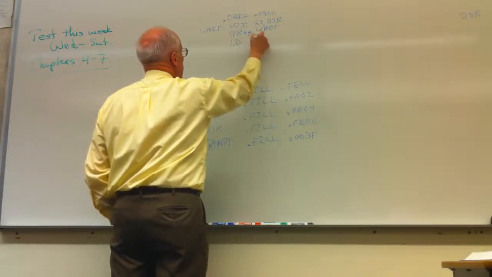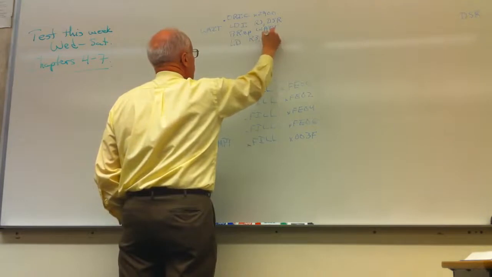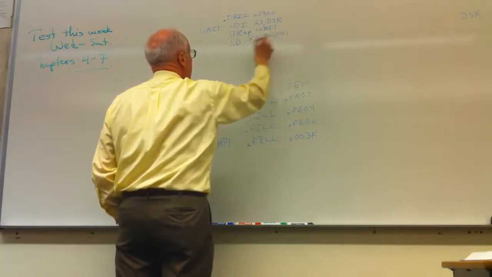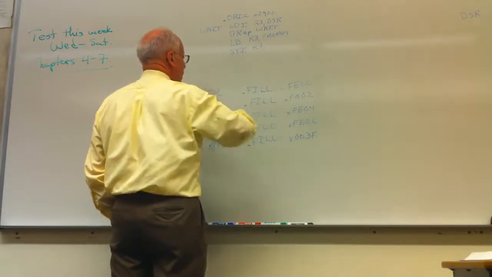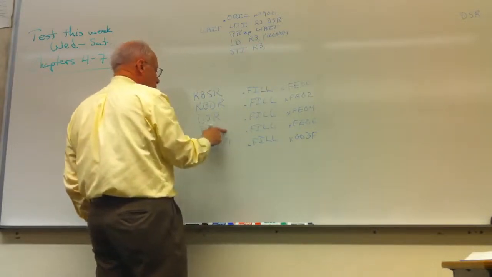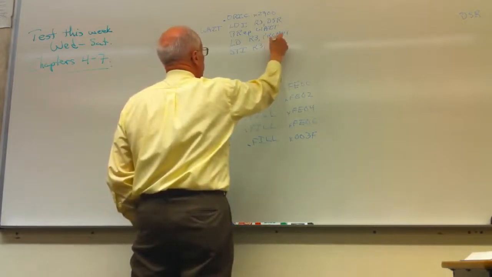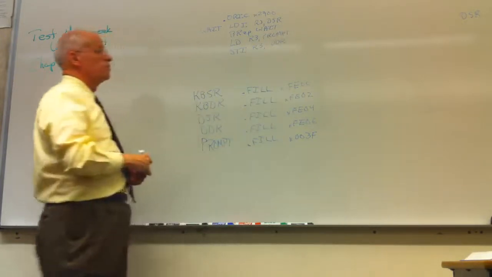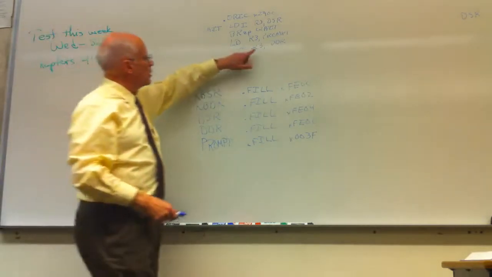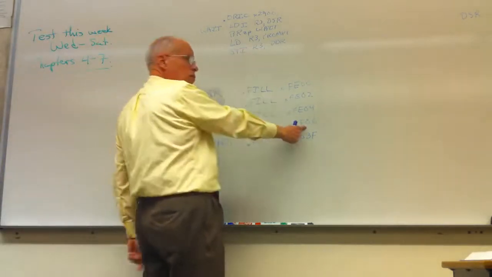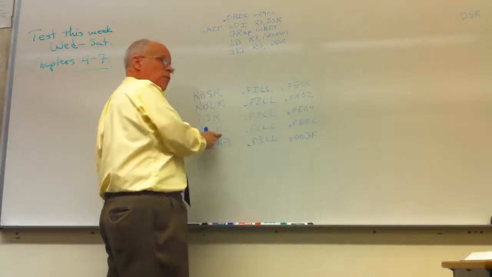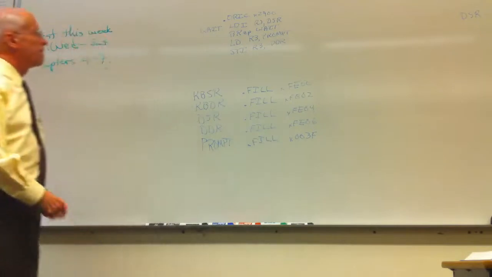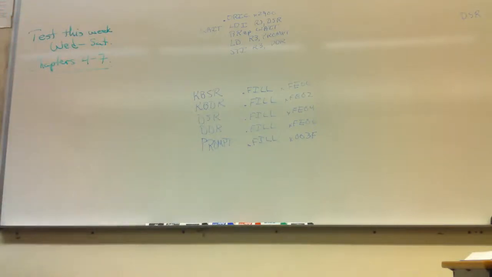Well, I can just keep using register 3. And then I store indirect register 3 to the data register. Okay, I want to store this value out at this location, and I get there going indirectly through this memory location. And that will print the prompt.